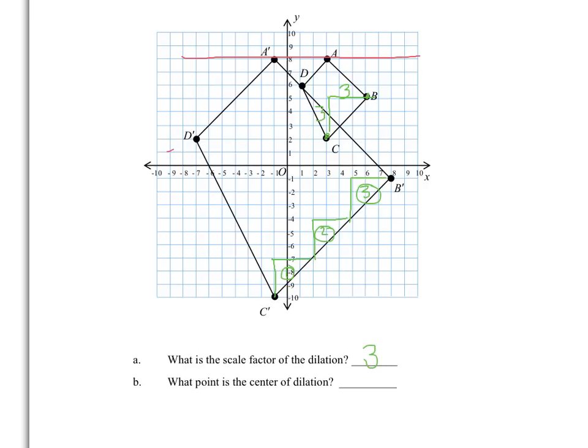But I'm going to be doing something like this for D's, something like this for C's, and something like this for B's. And I'm going to get this point right here, which is 5, 8. That point of intersection must be our center of dilation. So our center of dilation is 5, 8.